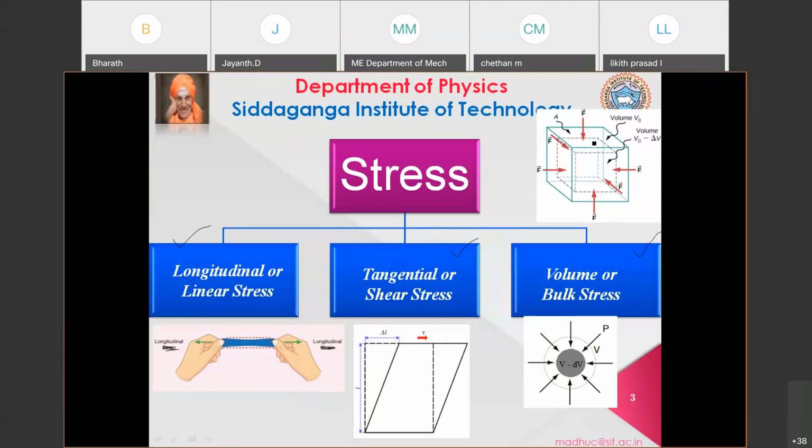This is going to change the shape. The solid line is the original size, and the dotted line shows the change in size. Once you apply a uniform force from all six sides, there is a contraction in the size.